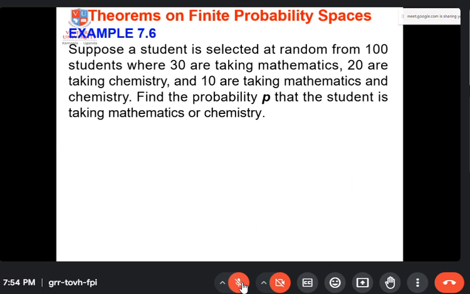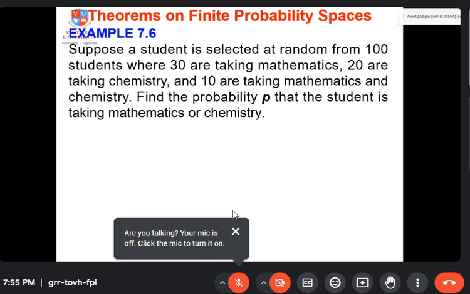Now, if they want you to find the probability that a student is taking math or chemistry, what do they want you to calculate? So they want you to calculate the probability of mathematics union chemistry.